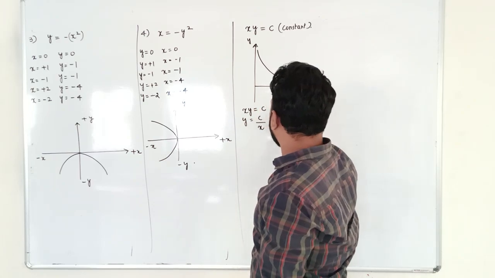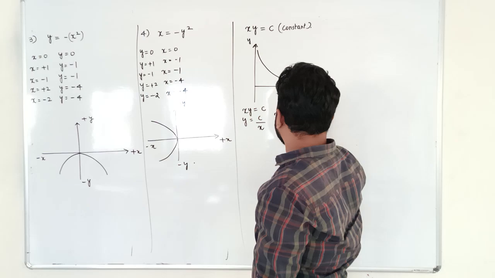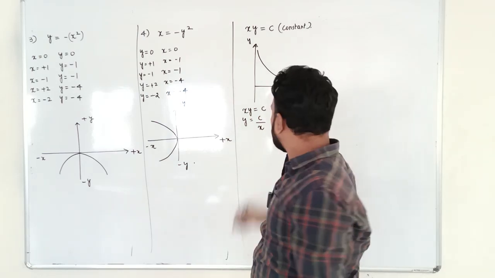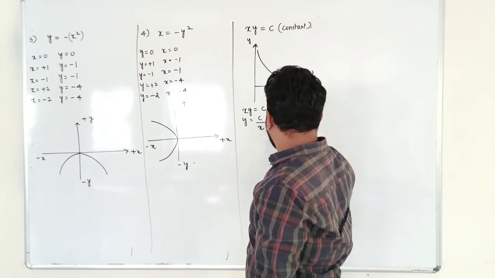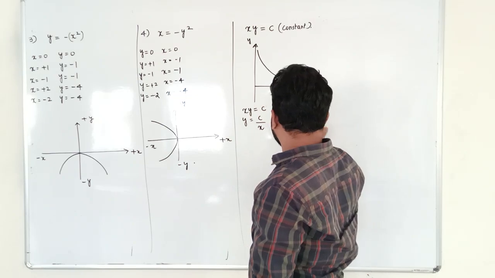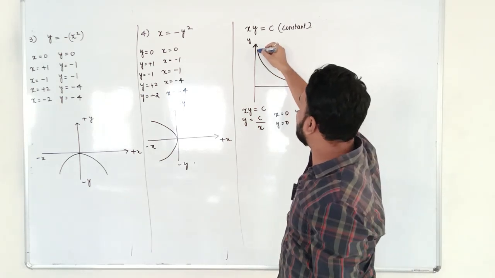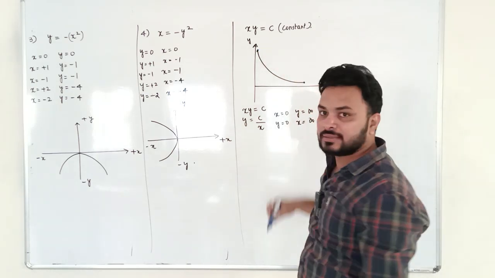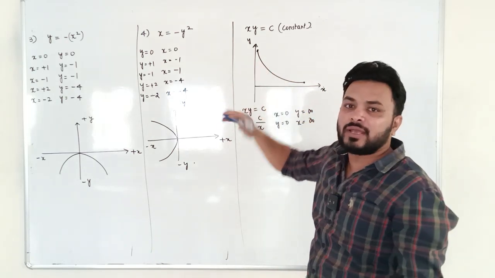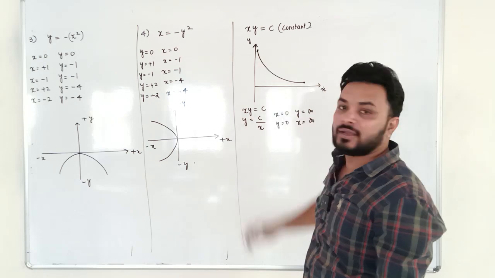If x equal to 0, y becomes infinity. If y equals 0, x becomes infinity. If y is greater, x becomes less, or else if x becomes greater, y becomes less. This is the rectangular hyperbola.